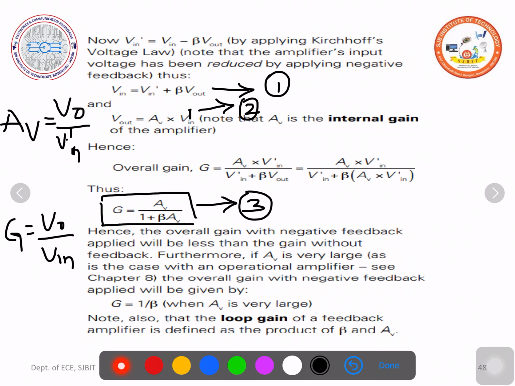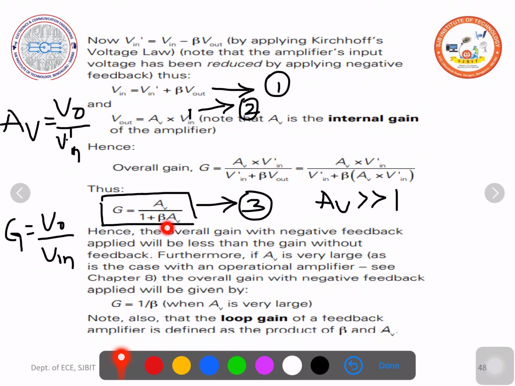Further, in this equation, let us assume AV is much greater than 1. If AV is very large, observe the equation AV divided by 1 plus beta AV. Since we assume AV has very large values, beta AV definitely will be greater than 1, so you can neglect the 1.